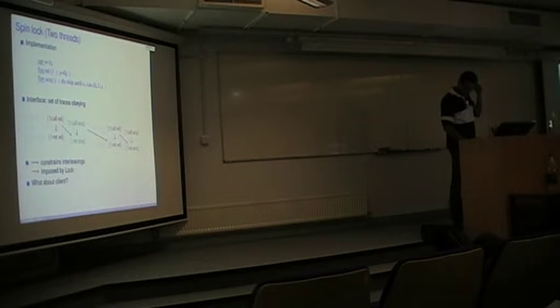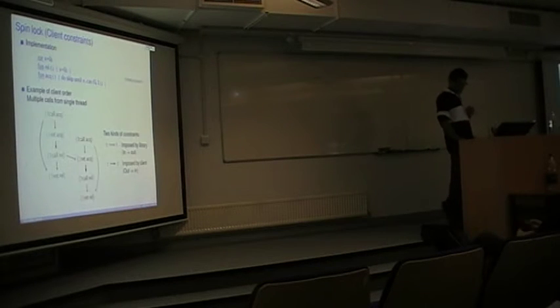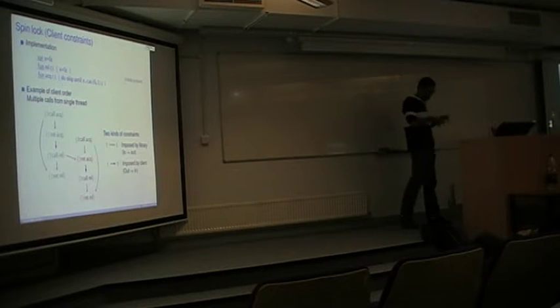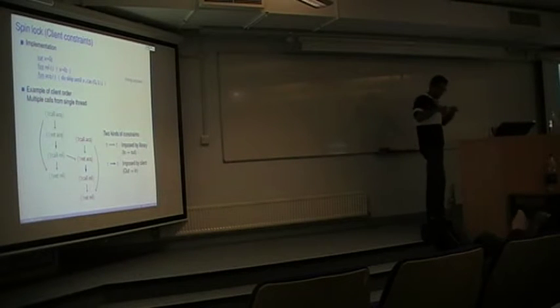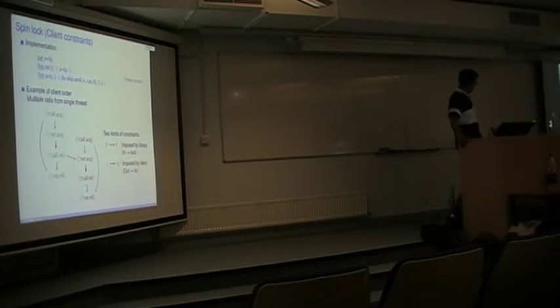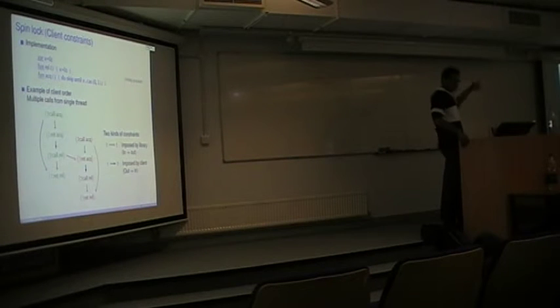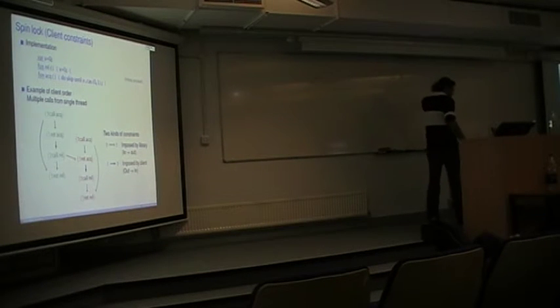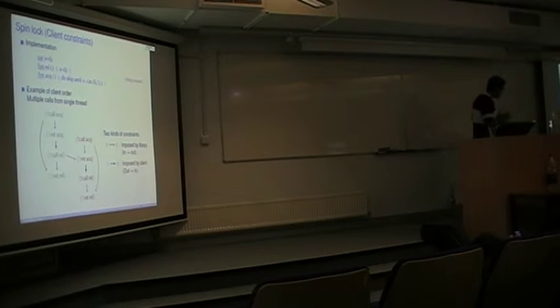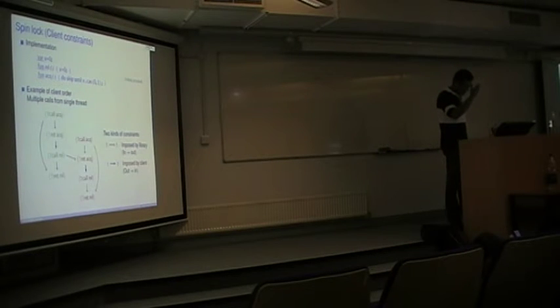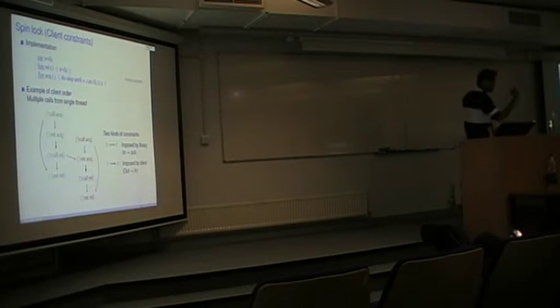But how does the client play into this? The client imposes some extra order, right? So let's think of multiple calls from a single thread. These blue edges there tell us ordering relationships which the client imposes. And one recognizes that these ordering relationships are different because you have edges going from the bang to the query, right?